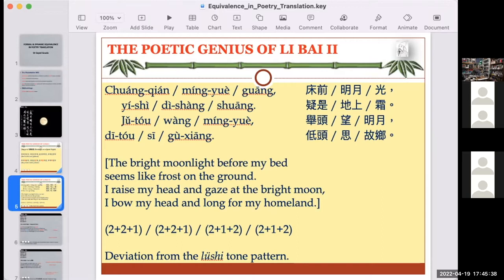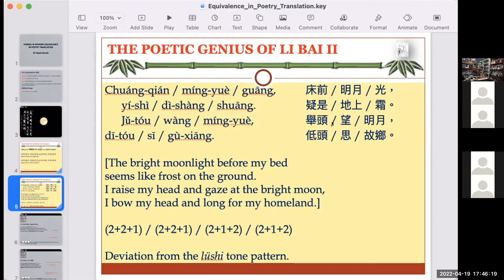So I would divide these lines this way, because in the Tang Dynasty, the Wu Yanshi, the five-character or pentasyllabic poetry is divided 2-2-1. Okay. Of course, some people may divide it, when they read this Wu Yanshi, into 2 and 3 or 3 and 2. Okay, but it's up to you. But usually it's 2-2-1.